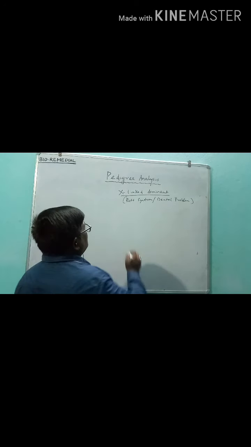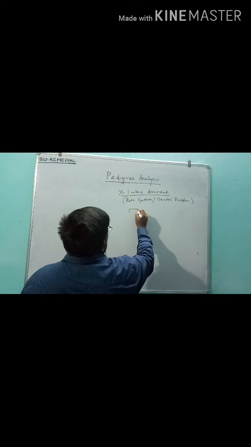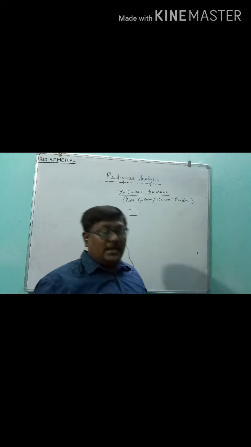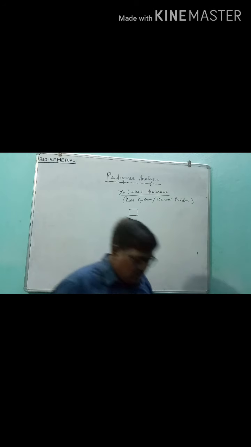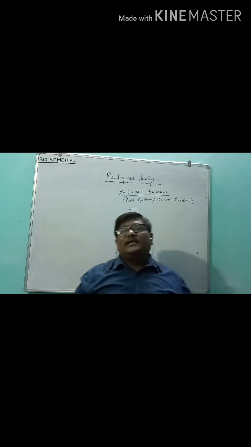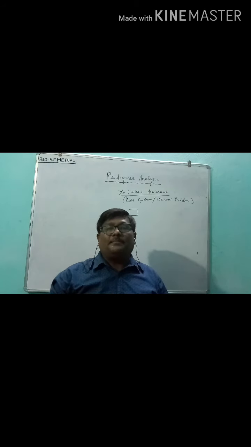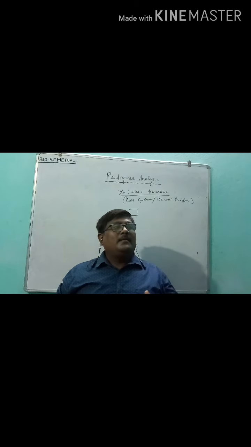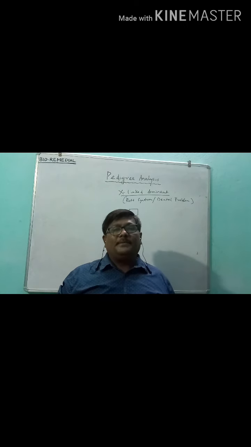Look at the diagram. Suppose it is a dominant trait and the trait is present on the X chromosome. Very important to note, in case of X-linked dominant, if the father is affected, in the next generation all daughters will be affected.